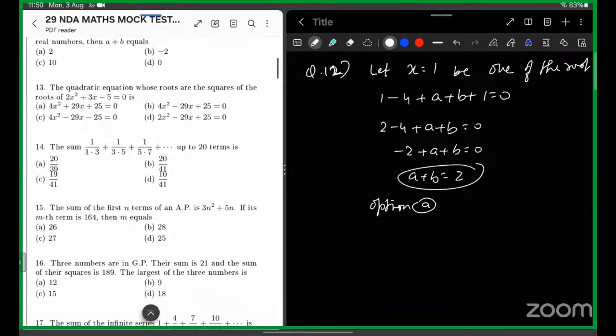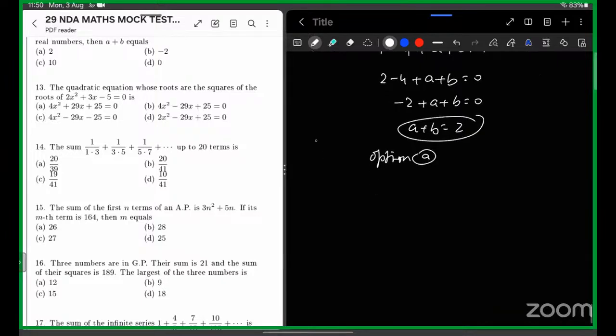Question number 13. Quadratic equation with roots that are the squares of the roots of this. First, you need to find out the roots of this equation. Their product is, they are saying, 10 and difference is 3. So just try to solve. 2x square plus 3x minus 5 equal to 0.